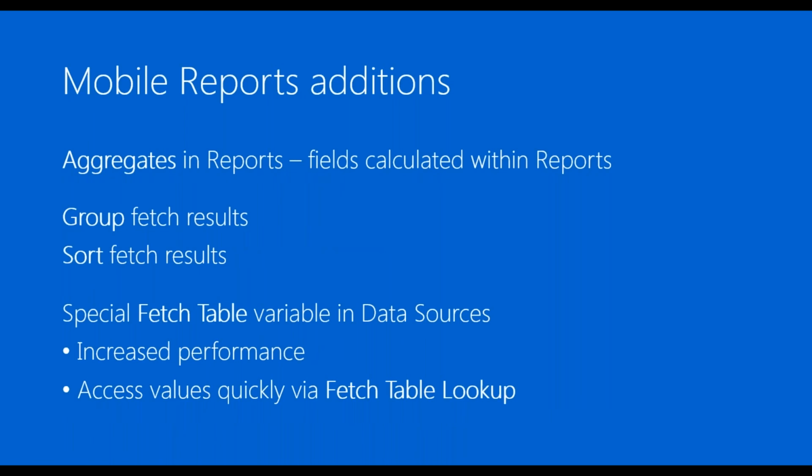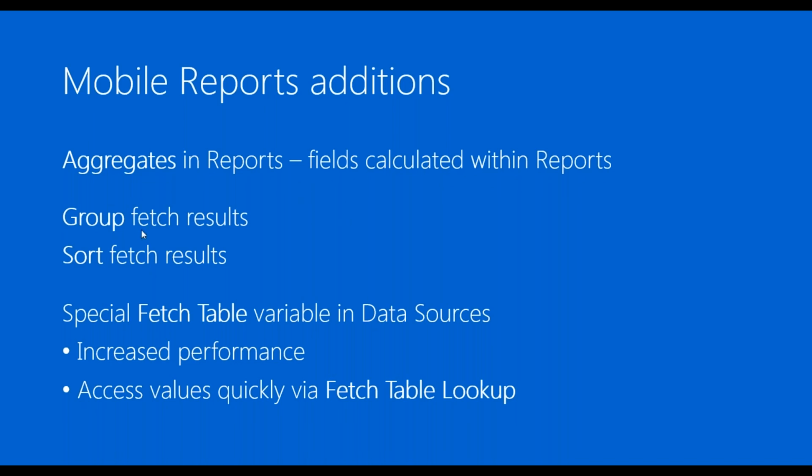Additionally, we have added aggregated fields into reports. So up until this point, you were able only to put fields onto reports which are actual fields on entities, like if you have created a report for an order, you could only put total amount and fields from that order into that report. But if you wanted to calculate the total amount for all the orders, or for all the orders for certain customers, you weren't able to do this because such a field was nowhere available.